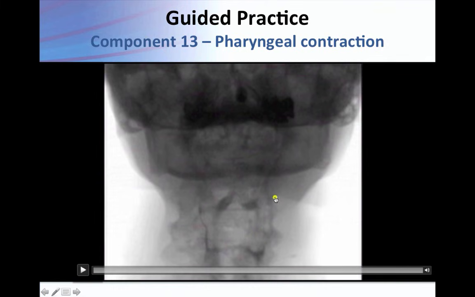This is right, this is left, and if you've done this a long time like I have, you can kind of see that this left wall looks like it's a little further away from the cartilage than this side. You may or may not be able to perceive that. It does appear that there's more filling of the piriform on the left at rest, and it's a little wider. So that's going to give me a few cues as a clinician.